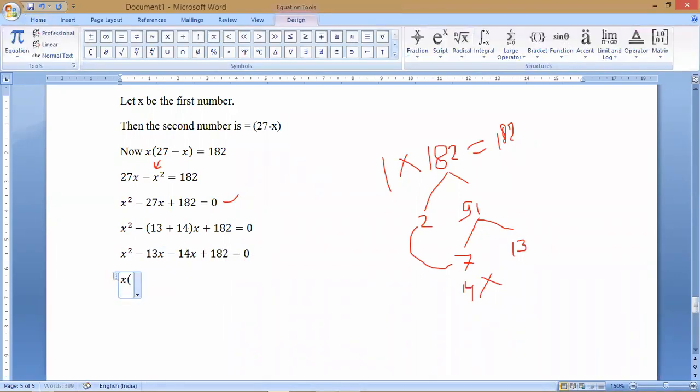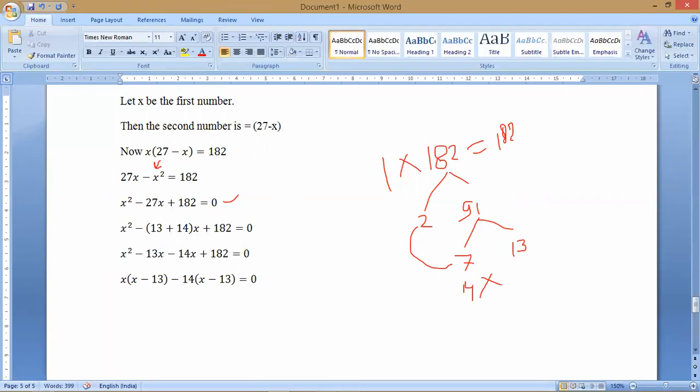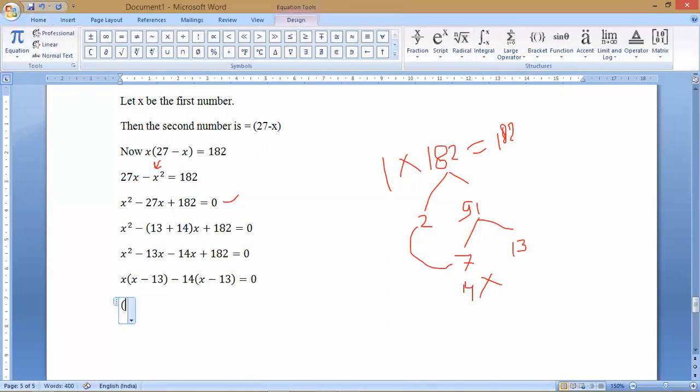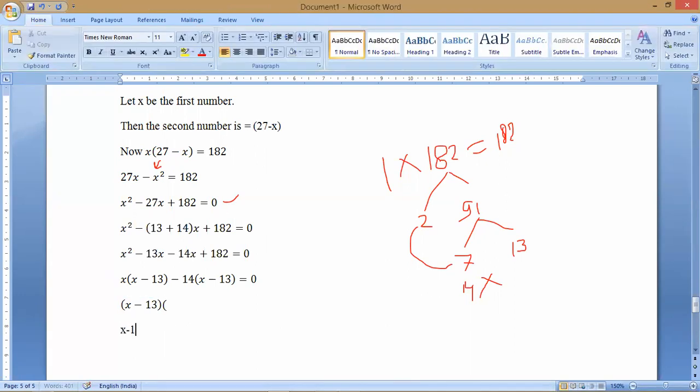When we take out x as common, the remaining value is x minus 13, and when we take out minus 14 as common, the remaining value is x minus 13, which is equal to 0. So now when we take out x minus 13 as common, the remaining value is x minus 14, which is equal to 0.